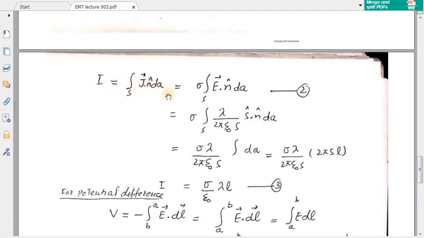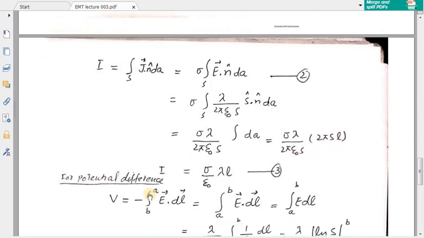Put the value of J, sigma times E. Replace E with the linear charge distribution, lambda divided by 2 pi epsilon naught S, times the s-hat unit vector. After simplification, we get sigma lambda divided by 2 pi epsilon naught S, times 2 pi S L. S cancels up and down, so I is equal to sigma over epsilon naught lambda times L.